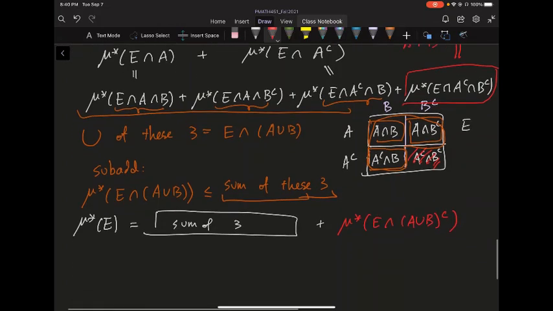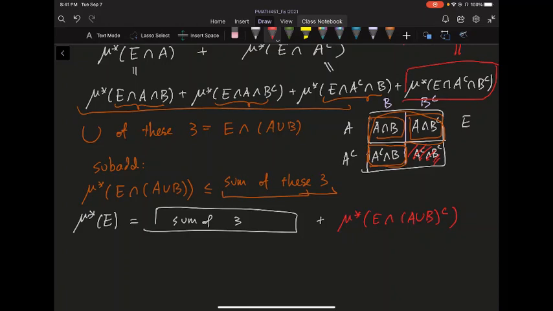But the first part, by our inequality here, is greater than or equal to the mu star of their union, which is E intersect A union B. And again, I have the second part, which is the mu star of E intersect A union B complement. So I have mu star E greater than or equal to these two sums.